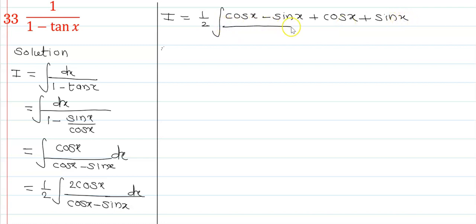And this whole divided by cos x minus sin x into dx. And therefore here 1 upon 2 integral.